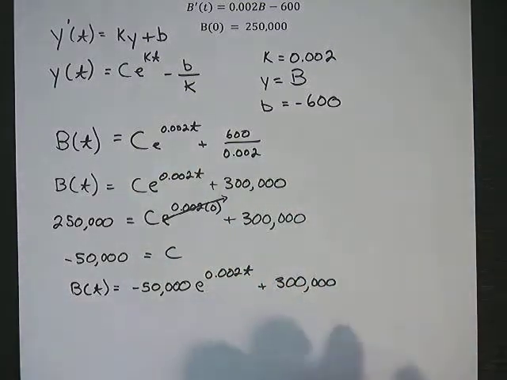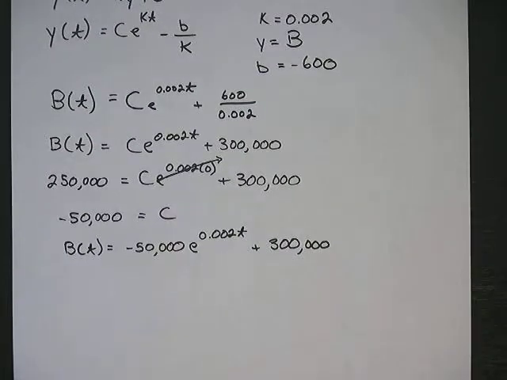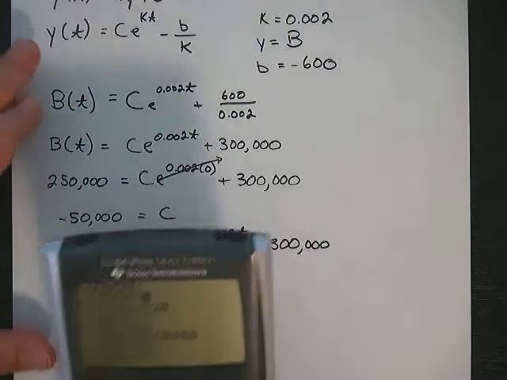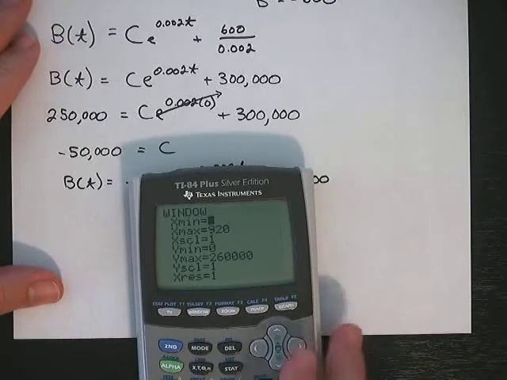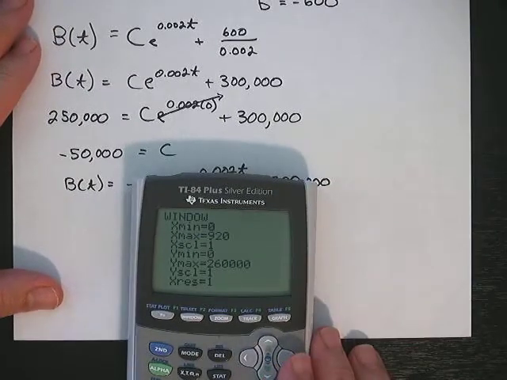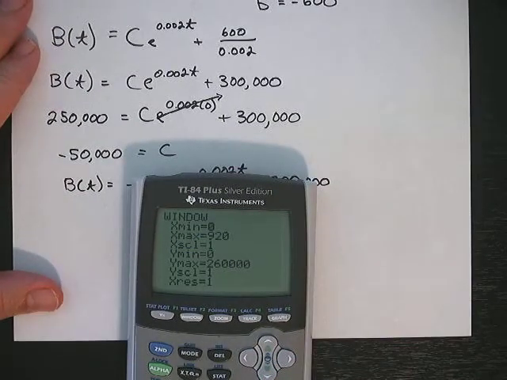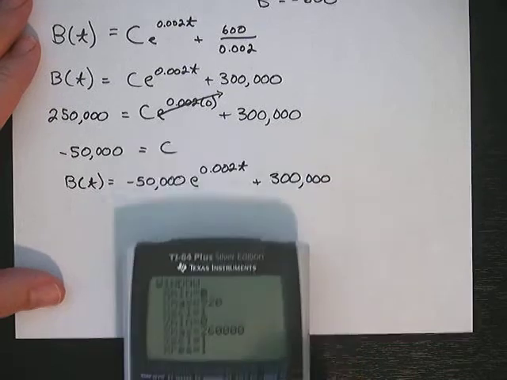Okay, so that is our solution, but it also asked us to graph the solution and determine which month the loan balance is 0. If you want to graph this solution, they may or may not give you a window on this problem. For this particular problem, here is what I chose as my window: 0 to 920 on the x, and 0 to 260,000 on the y.